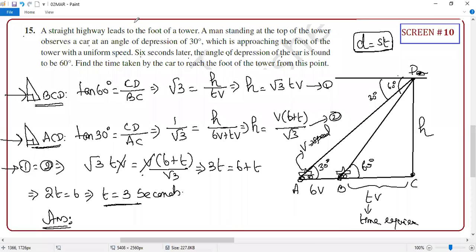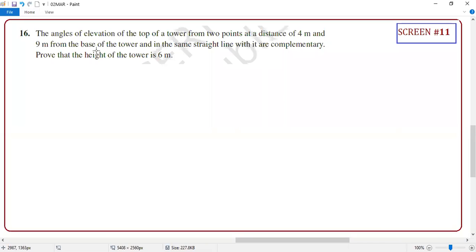The angle of elevation of the top of the tower from 2 points at a distance of 4 meters and 9 meters from the base of the tower, guys, on the same straight line, which are complementary, student, listen. Okay, guys, this tower elevation question repeatedly comes the same.